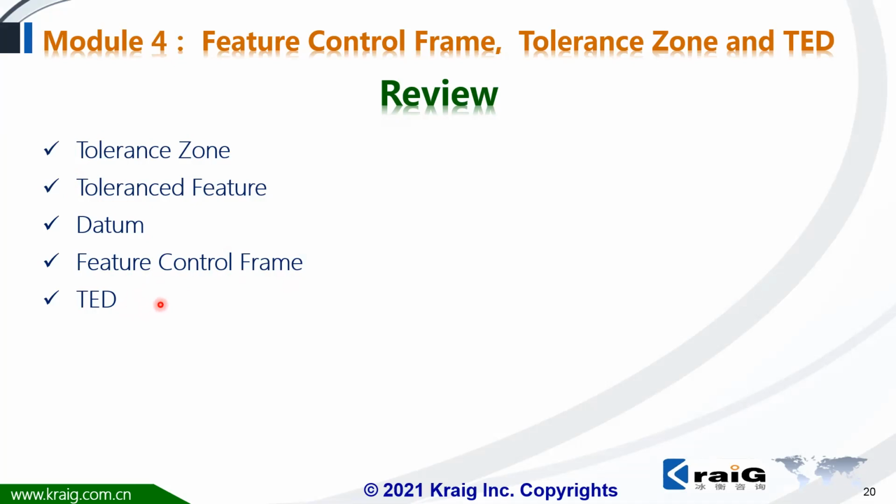For any of the later modules, you may notice we always keep asking, what is the tolerance feature, what is the tolerance zone, and what is the datum? If you can answer those three questions, then you can understand all of this geometric tolerance. Thanks for watching. I will see you in the next module.